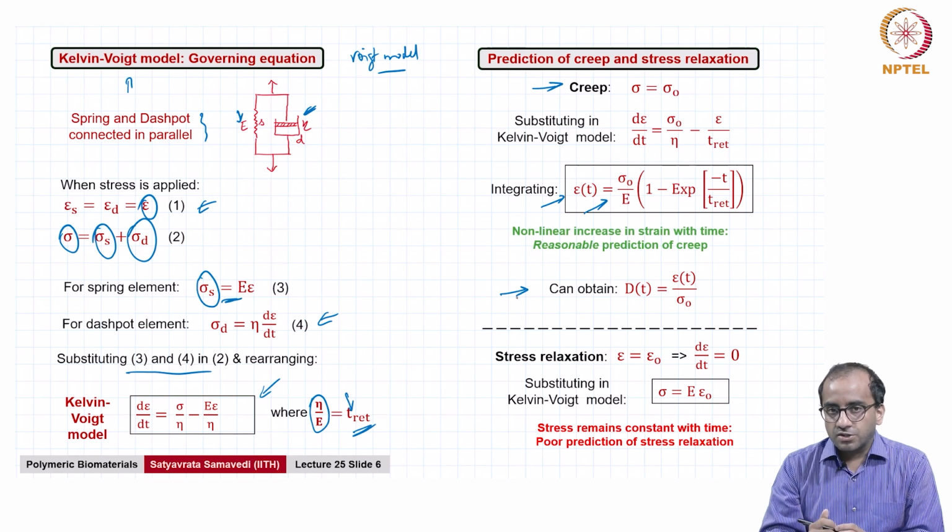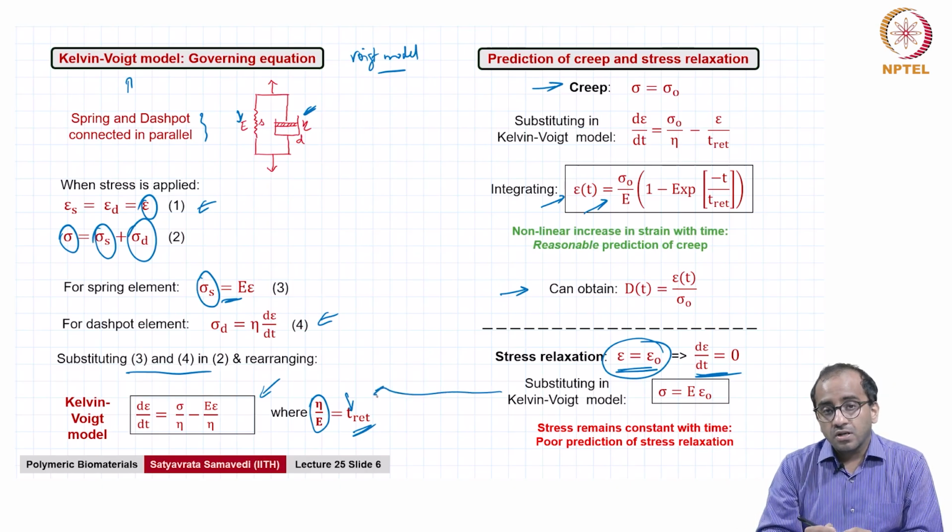Now for stress relaxation, you are deforming the material suddenly to a constant deformation and holding it. And so epsilon is equal to epsilon naught, which means d epsilon over dt is going to go to 0, because epsilon naught is a constant. So if you substitute that in the Kelvin-Voigt model, the stress is predicted to be a constant value.